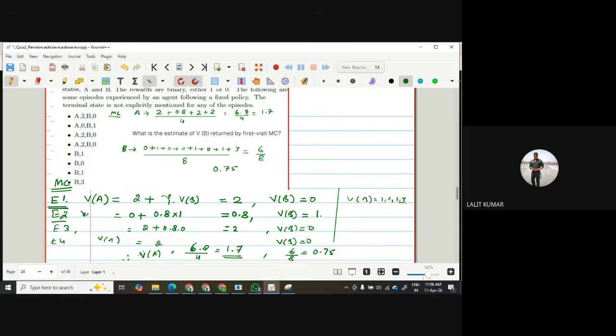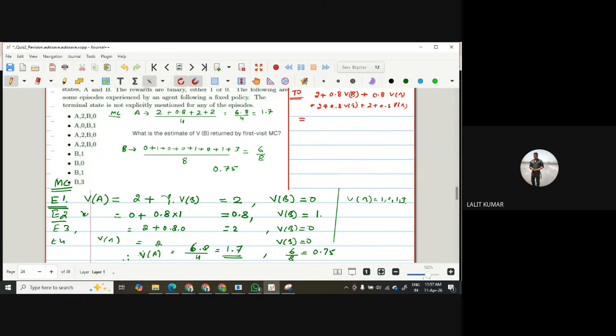Now, let's do it for TD. Here it will become VA is equal to 2 plus 0.8 VB, plus 0 plus gamma VB, plus 2 plus 0.8 VB, plus 2 plus 0.8 VB.